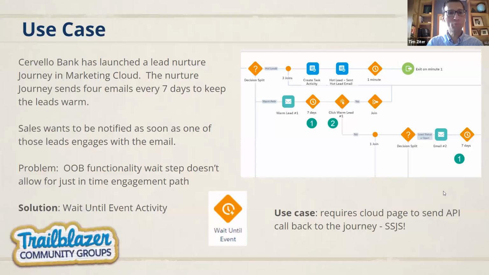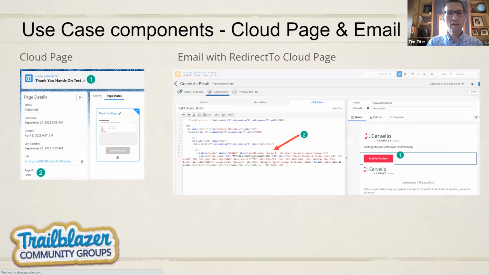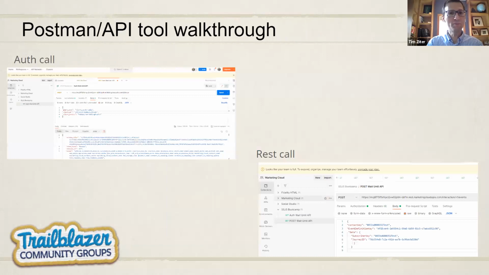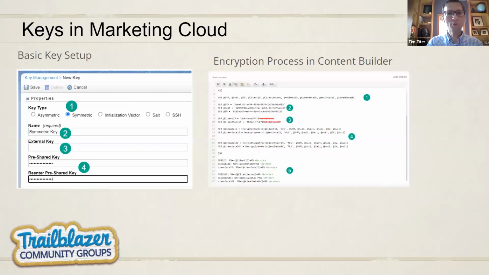Okay, so in this deck, we've got it broken down, all of the components that we built: the cloud pages, and we talk about the install package. Here are some screen captures from Postman, for example. Here's a breakdown of those keys.